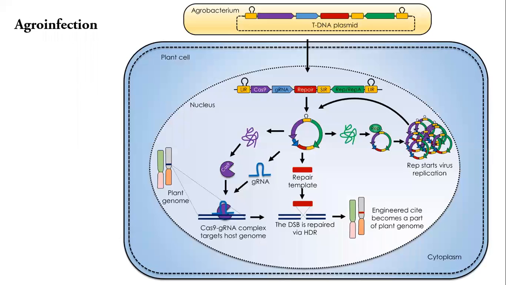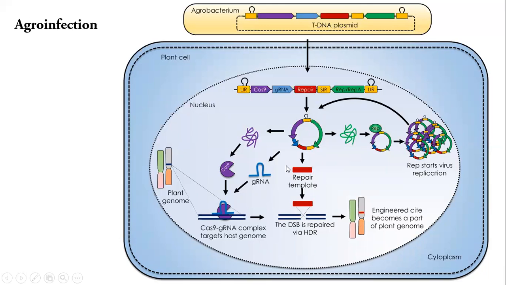So here is the agro-infection in the figure, where this is the plant cell and this is the T-DNA, Ti plasmid, and this T-DNA is transferred into the plant cell, where the T-DNA undergoes repair template and double strand break repair via the HDR technique.